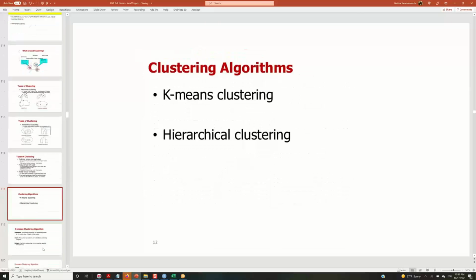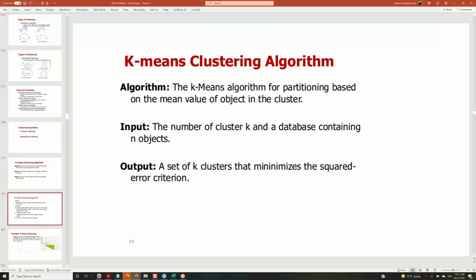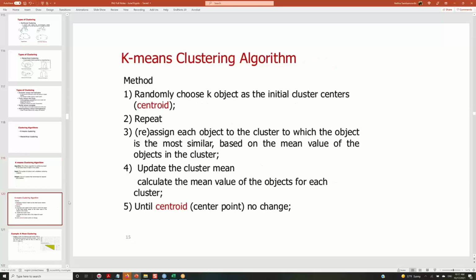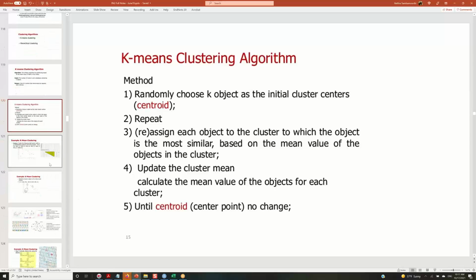So let's first finish with K-means. K-means is a very simple, very important, highly used clustering method. What it says is you randomly choose K objects as the initial clusters. So here, let me go to this one.